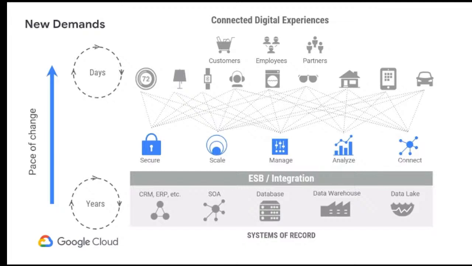So Apigee works mostly on the non-functional requirements. When there is a requirement for any API, there will be a backend API. Non-functional requirements mean security, scalability, managing of clients, performing analytics, and providing what you call a connected experience, so that different kinds of applications, partners, devices, internal and external systems can get the latest information.